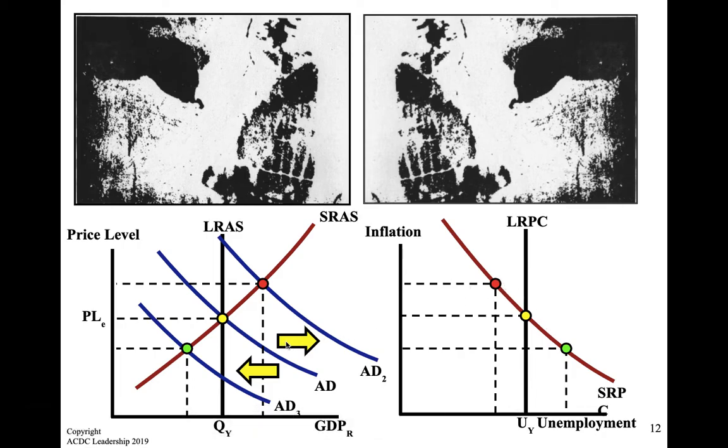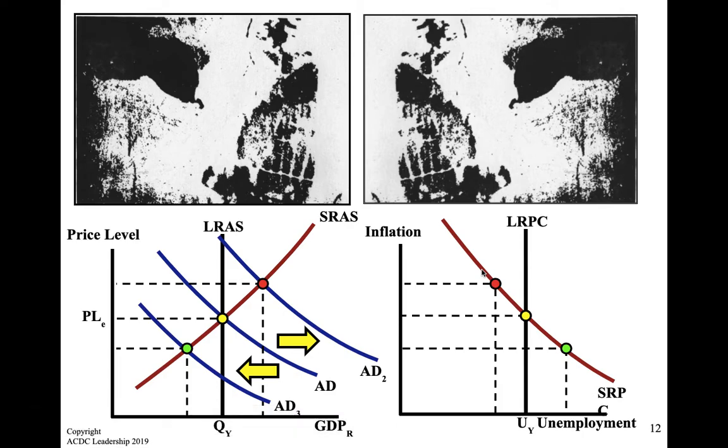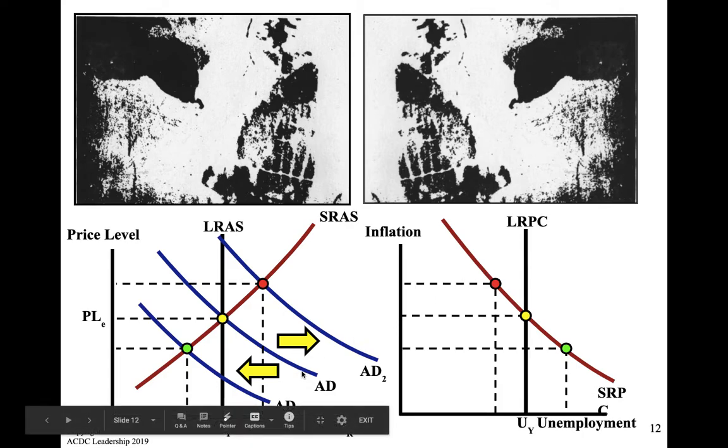If you're shifting demand to the right, you're going to travel up the curve, and if you're shifting demand to the left, you're going to travel down the curve. Write that down somewhere. If aggregate demand shifts to the right, you travel up the short run Phillips curve. If aggregate demand shifts to the left, you travel down the short run Phillips curve.